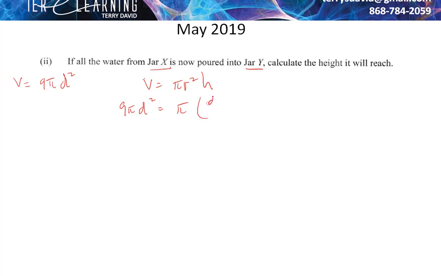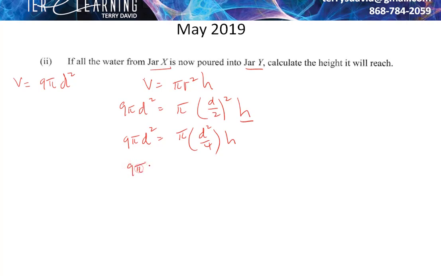So the radius of jar Y is d over 2, squared, multiplied by the height. What you're really trying to work out now is h. So we have an equation here: 9 pi d squared is equal to pi multiplied by d squared over 4, multiplied by h.